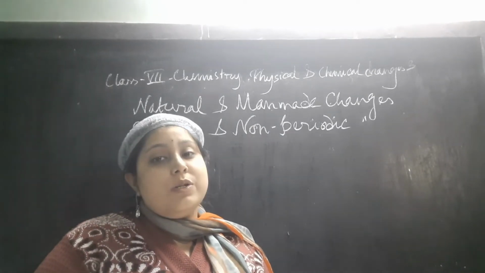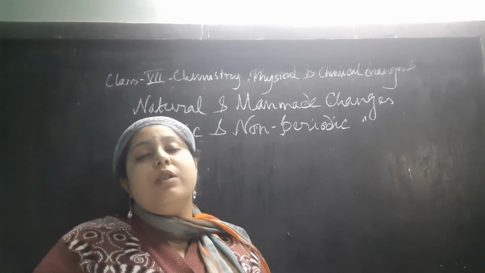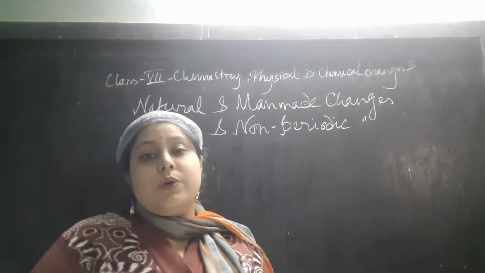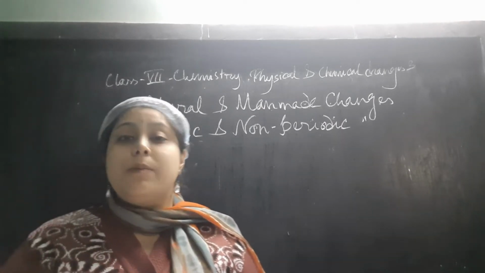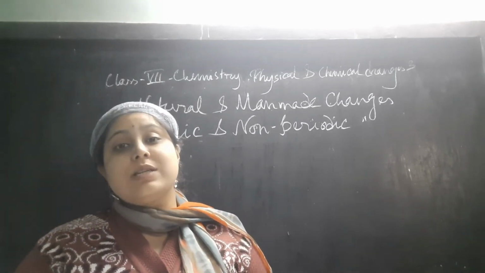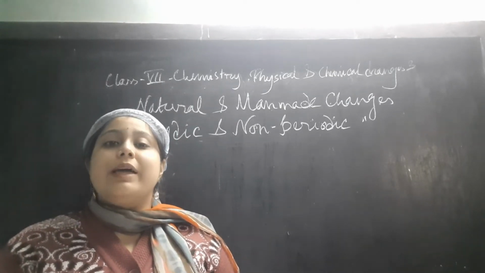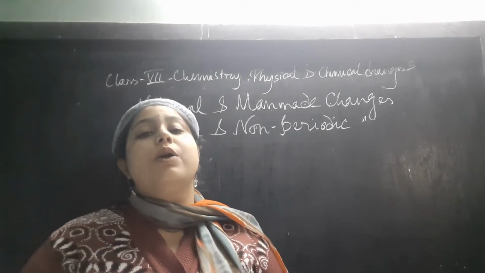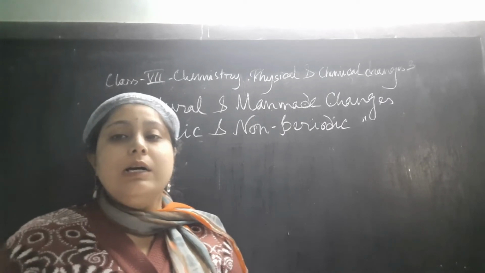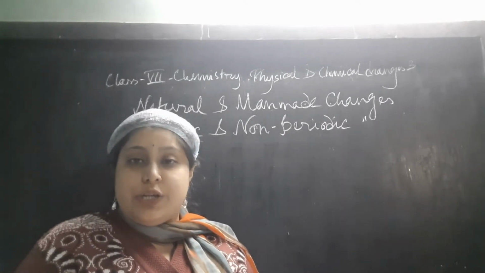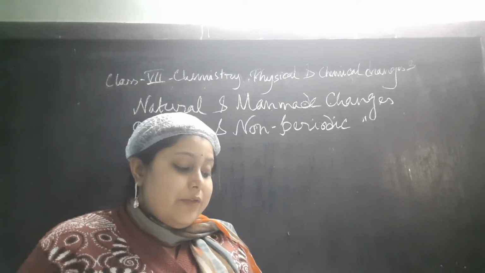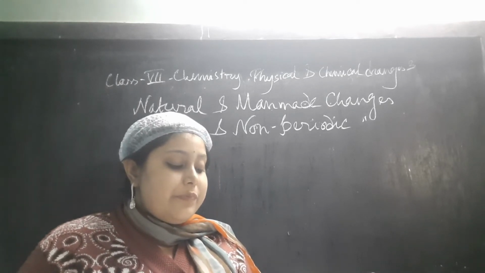Earthquakes. I told you that more or less all natural calamities are non-periodic. We don't know when these problems will arise, but they can arise at any time. In the same way, the earthquake is also a non-periodic change. In day-to-day life we get fever, sneezing, headache.